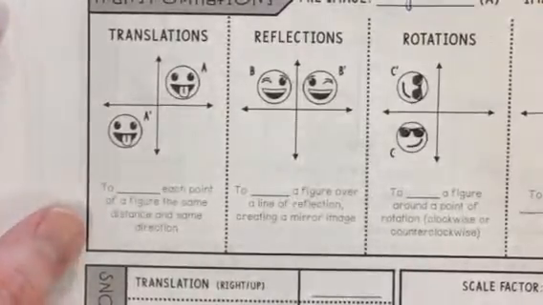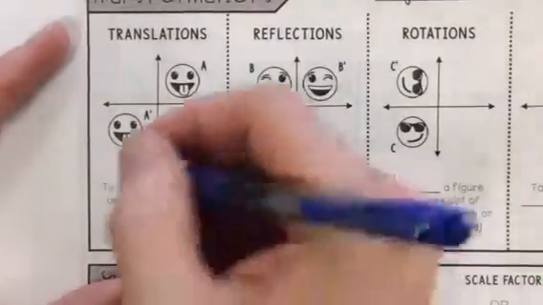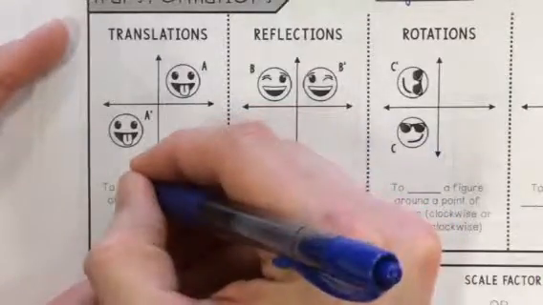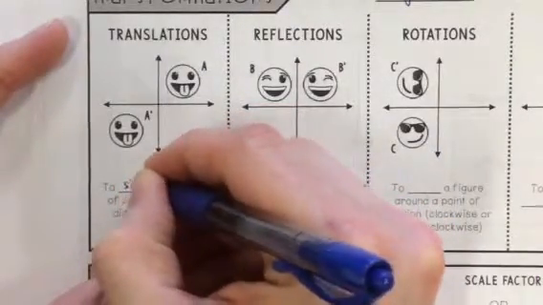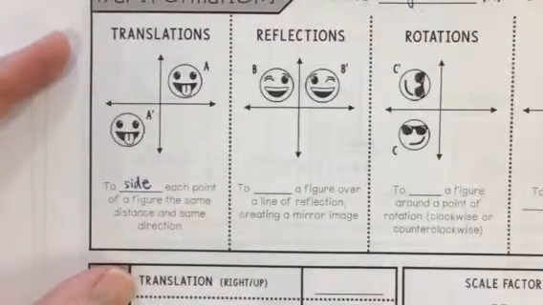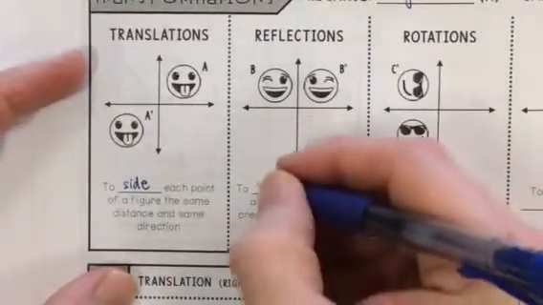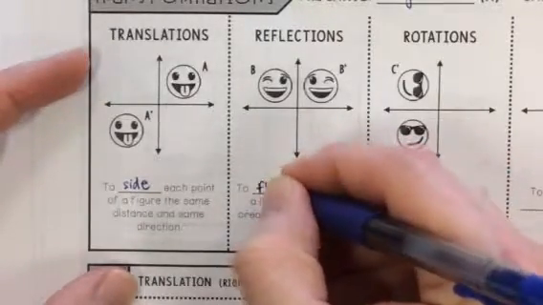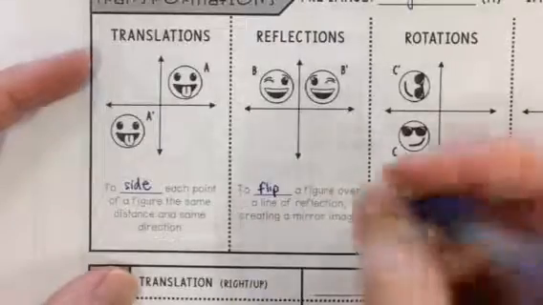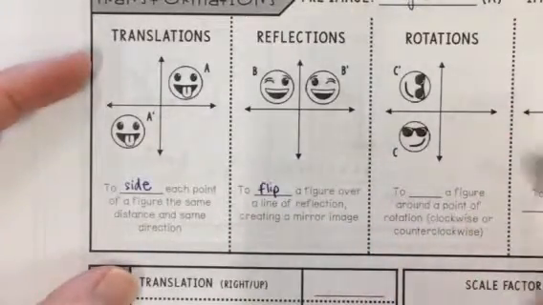The first is a translation, and a translation is, you can think of it just like a slide. So to translate something is to slide each point the same distance in the same direction. When you do a reflection, you have done a flip over a line of symmetry or a line of reflection, and it creates a mirror image where it's flipped.